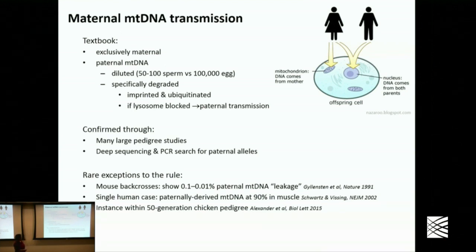There's been a single human case where they see paternal mtDNA molecules at 90% in the muscle of the affected child. That was such an exciting finding that that one case was published in the New England Journal of Medicine. And in a 50-generation chicken pedigree, they found one case. So those are the exceptions, but pretty much there is uniparental maternal transmission of the mitochondrial genome.